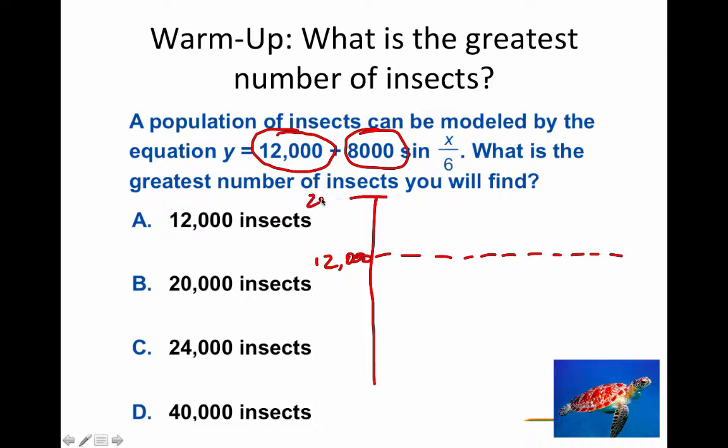So from there we'll go up to 20,000 and down to 4,000. We would have to figure out what our b is if we wanted to graph it further, but a rough sketch would look like this without putting any values of b in or the period. You can see the maximum value would be 20,000, because the 8,000 is the amplitude, but we move the whole graph up 12,000 units.